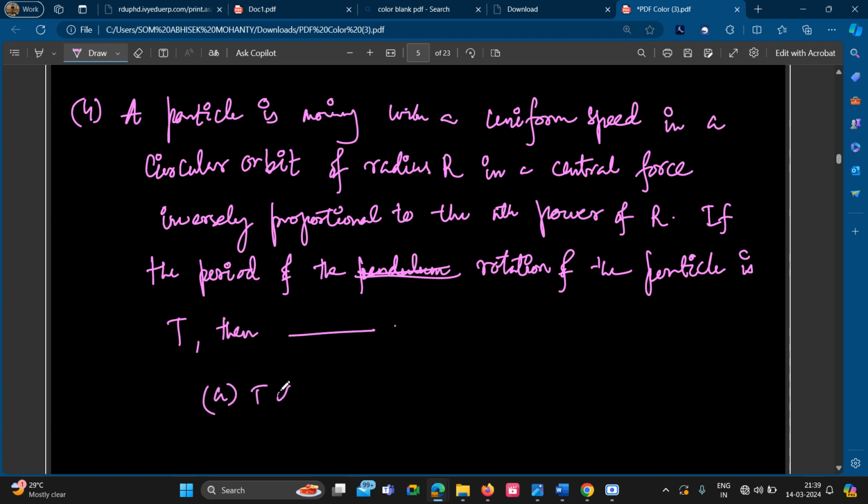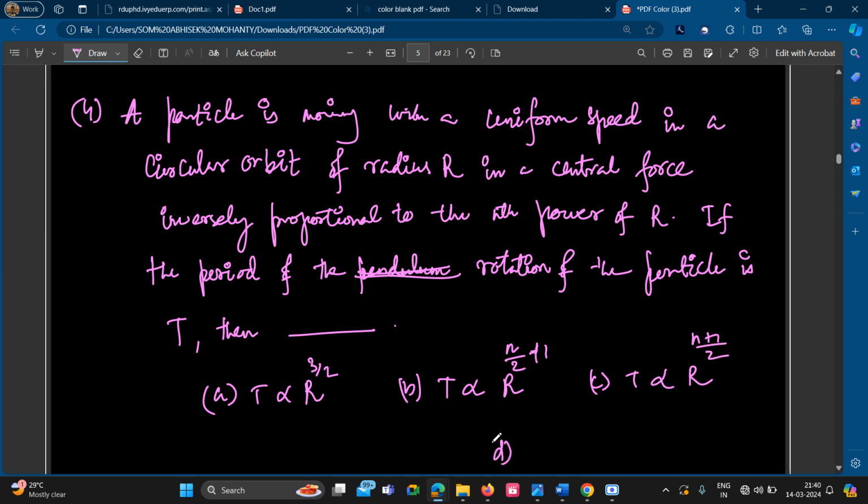Option A, T is proportional to r to the power 3 by 2. Option B, T is proportional to r to the power n by 2 plus 1. Option C, T is proportional to r to the power n plus 1 by 2. Option D, T is proportional to r to the power n by 2. Okay? Let's try this question.